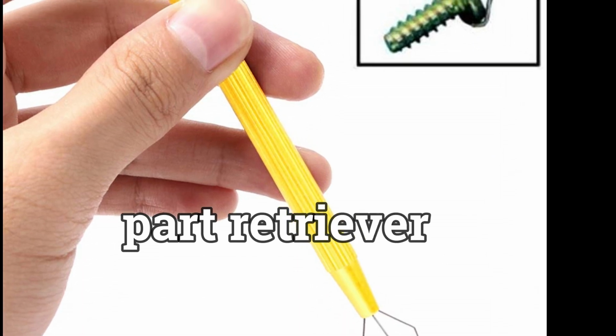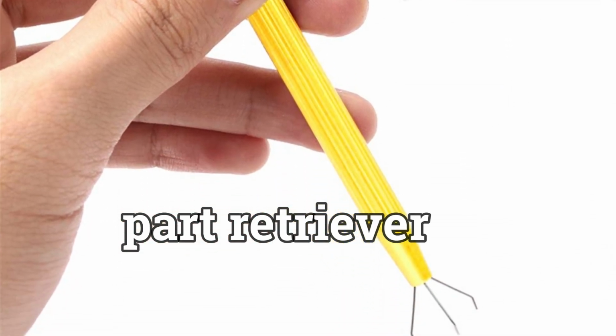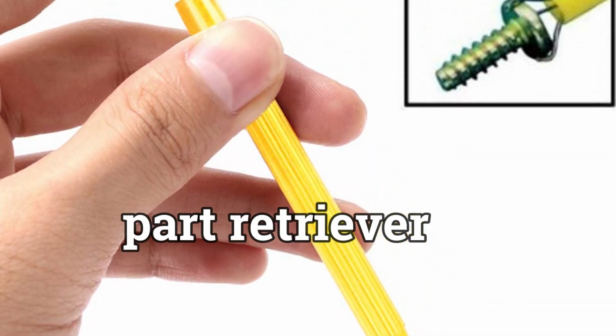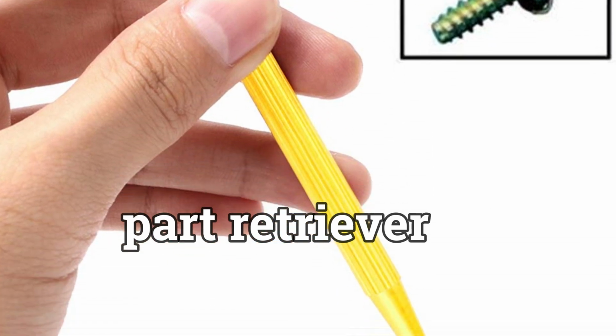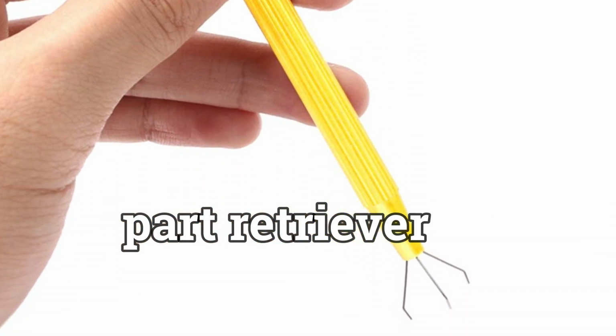Then we have the part retriever. It is used to retrieve, from its name alone, parts from locations that are too small for your finger or for your hand to fit. So sometimes, like screws, when they fall in places that your hand or fingers will not fit, you will use a part retriever.